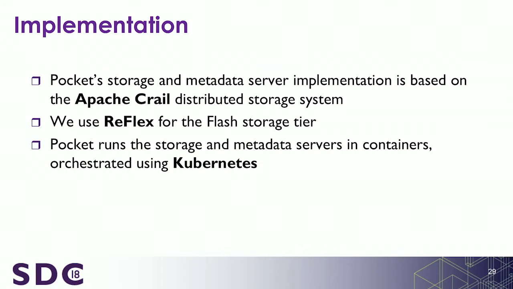This is a software system that has been a key part of my thesis at Stanford, which achieves fast access to NVMe flash over commodity Ethernet networks. And it's a purely software-based solution. Then we run the actual Pocket metadata and storage servers inside of containers that the controller then uses Kubernetes to orchestrate.